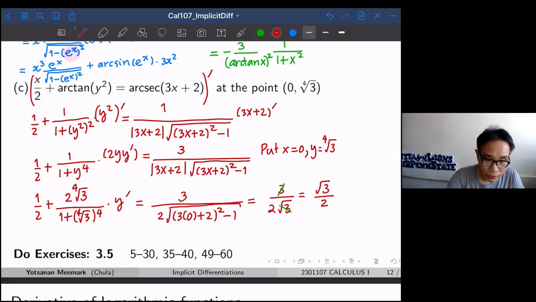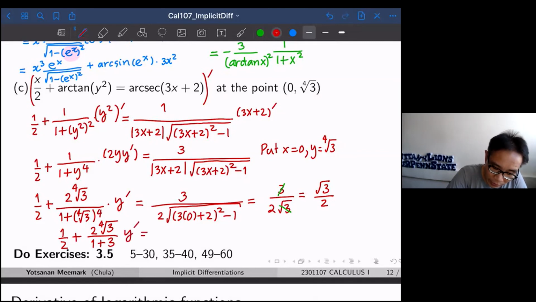and you have this 1/2 plus, okay, so this guy will be 2 root 3 over 4, not the root 4, the fourth root of 3, sorry, and here it's going to be 1 plus 3, okay, y prime equal to root 3 over 2.